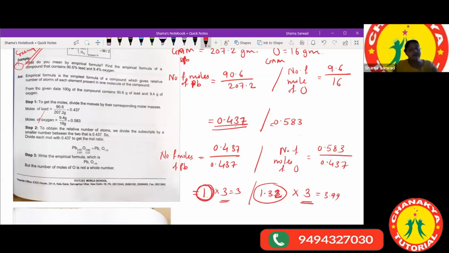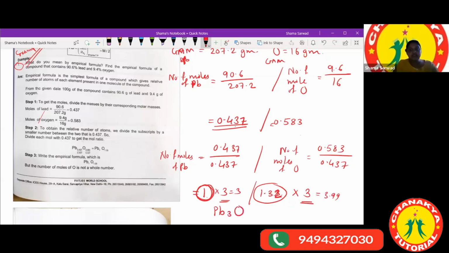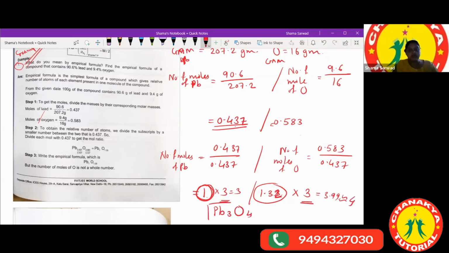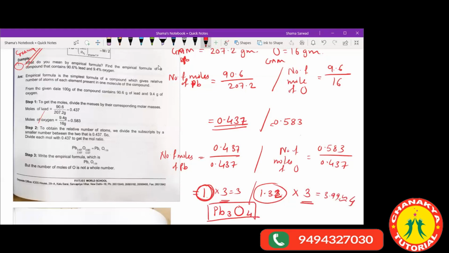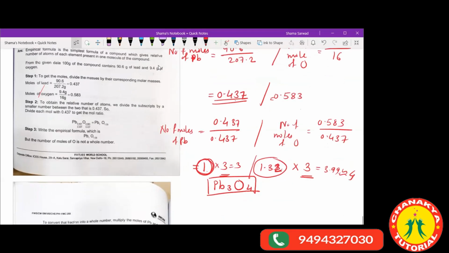Now the empirical formula, what would it be now? How many Pb should you take? 3. Correct? And the oxygen would be how many now? 3.99 is nearly equal to 4. So your empirical formula would be Pb3O4. Got it? You can check it over here. It's not on this page, it will be on the next page, I guess.